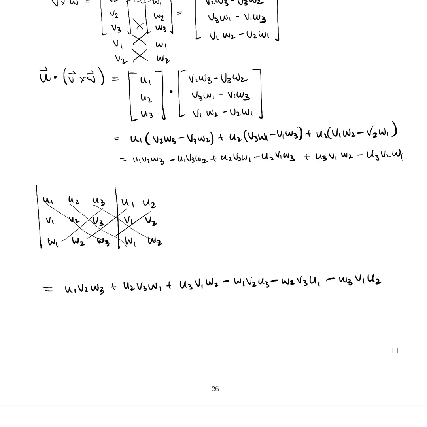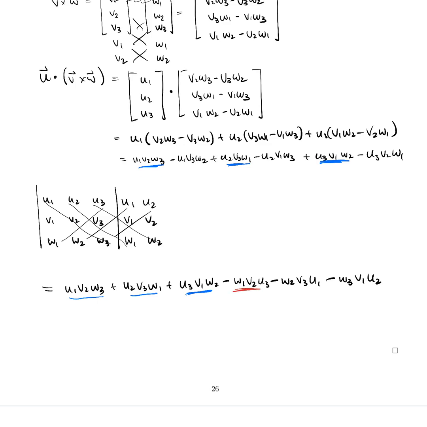And so we want to compare our two expansions, and hopefully they are going to give us the same. So let's look at the positive terms. u1 v2 w3, well, there we have that there. u2 v3 w1 is there. u3 v1 w2, u3 v1 w2. And now hopefully the negative products will all line up.